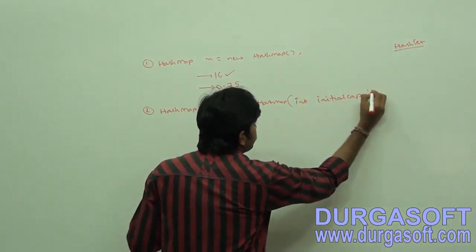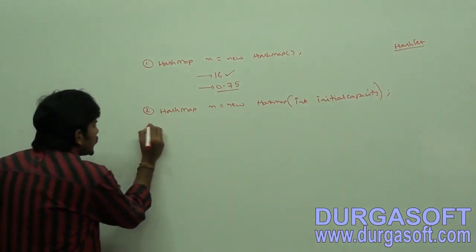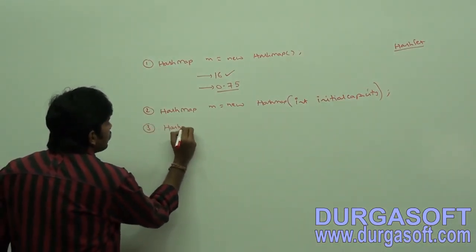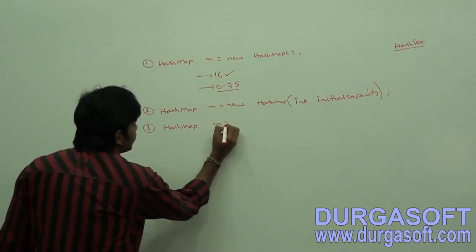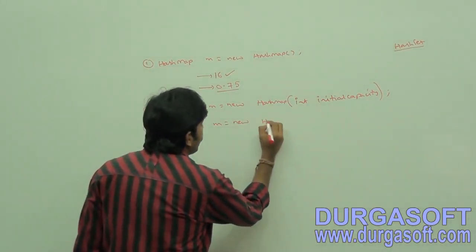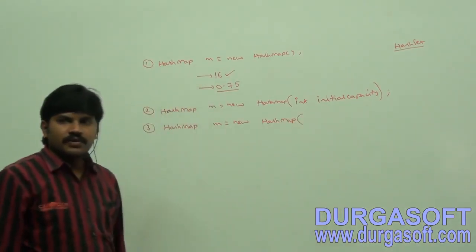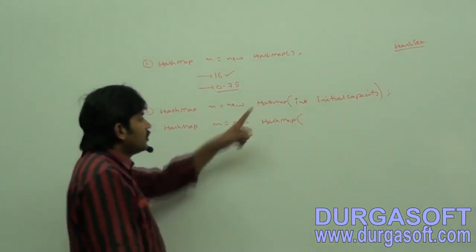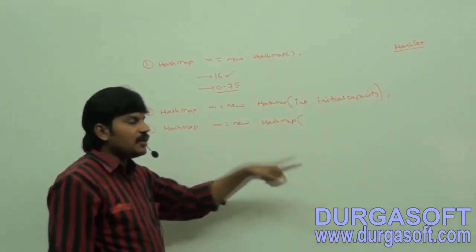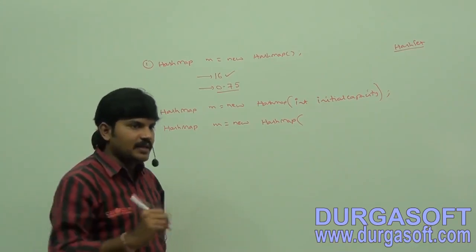Third one, HashMap m = new HashMap(initialCapacity, fillRatio). Sir, I want to customize initial capacity and the fill ratio also. I don't want 0.75, I want 0.9.